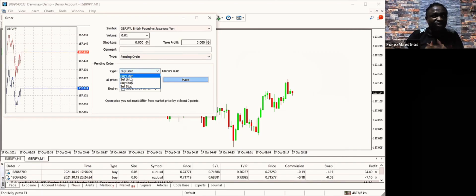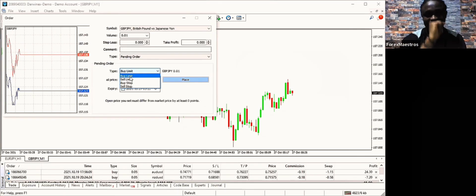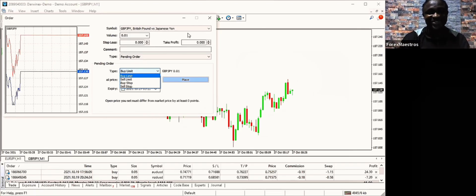In a sell stop, say dollar is falling, but I don't trust this falling. I'm going to wait for it to get to 300. When dollar gets to 300, that's when I want to sell dollar. That is sell stop. So I hope this has been explanatory enough for you.